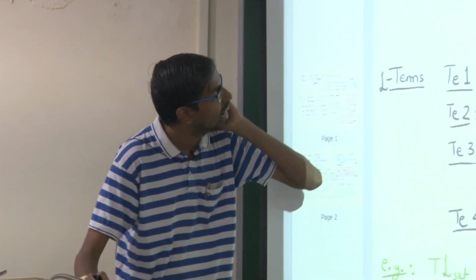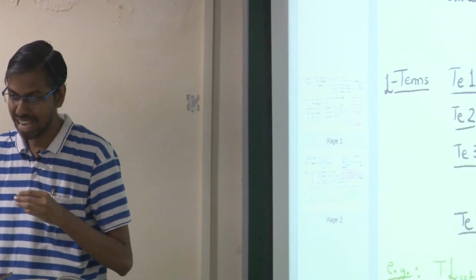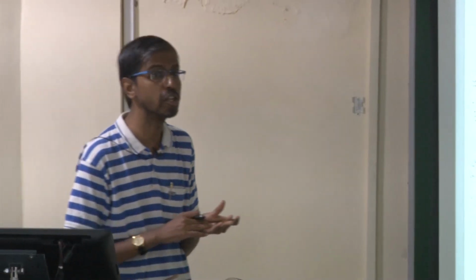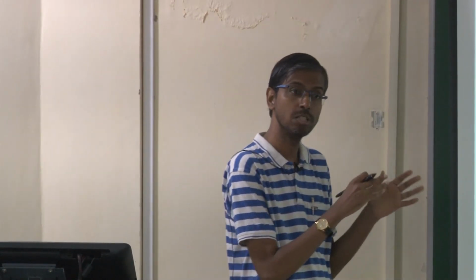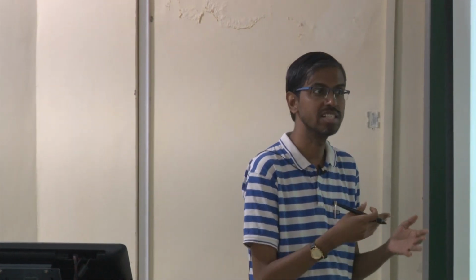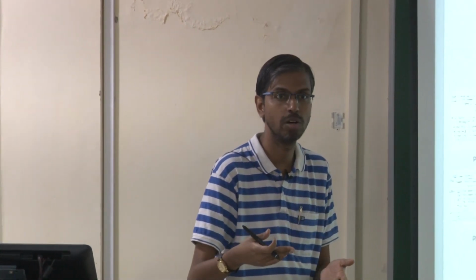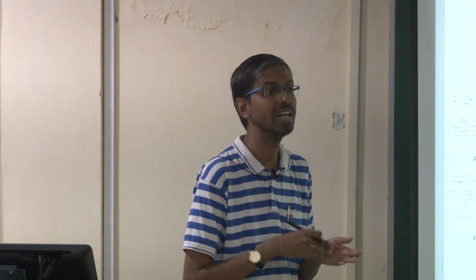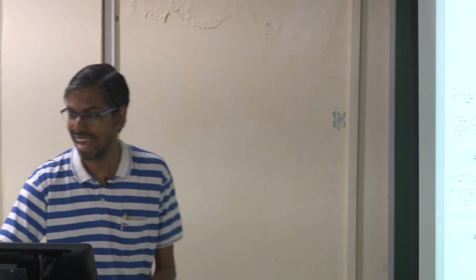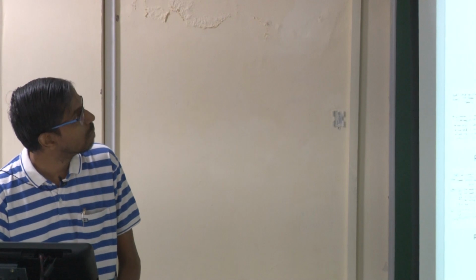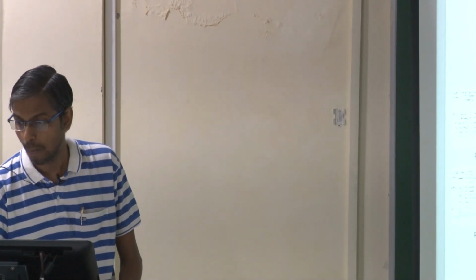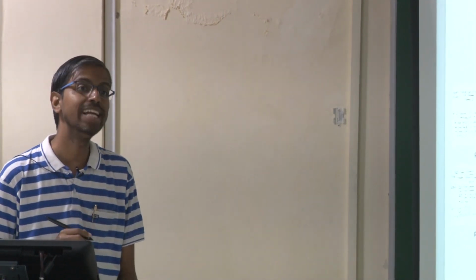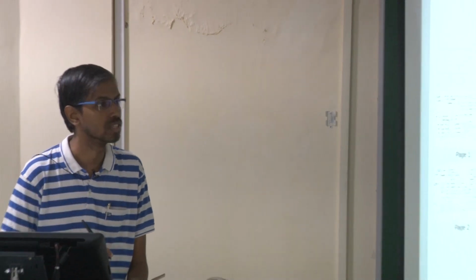This tells you that terms are specific to functions. Constant symbols are also function symbols, zero-ary function symbols. So terms are specific to functions, and hence I am highlighting that we are going to interpret them as functions.